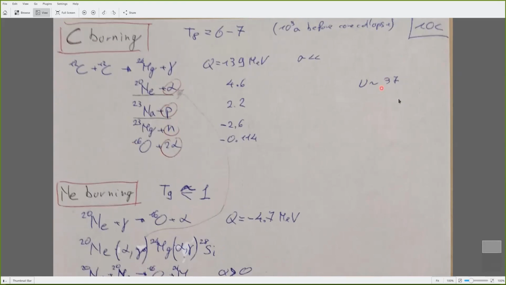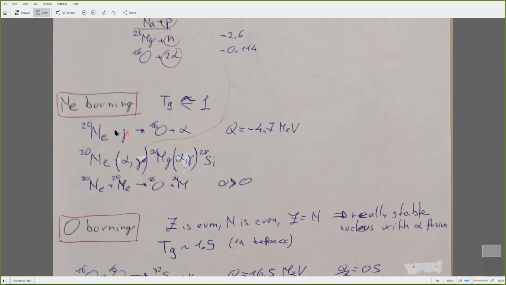The temperature coefficient is 37, more or less, so it's dramatically higher. The neon burning arrives at a little less than 1 billion Kelvin. It's not really important for energy, you see, you're losing energy.